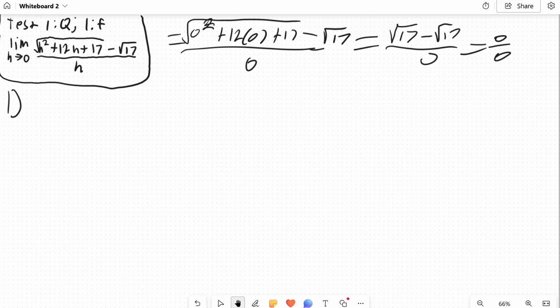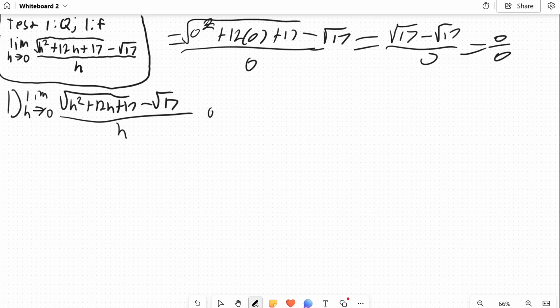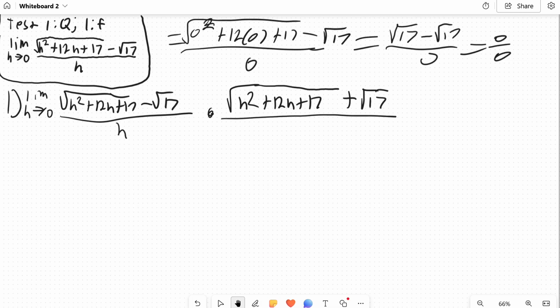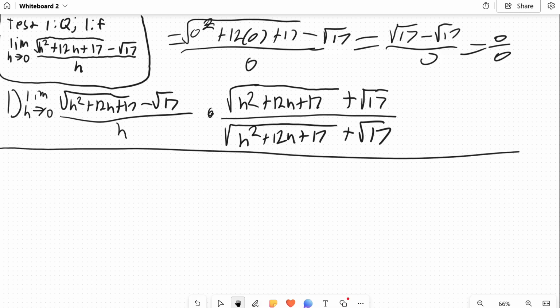So for step 1, as the limit of h approaches 0, we take the square root of h squared plus 12h plus 17 minus the square root of 17 over h, times our conjugate, which would be the square root of h squared plus 12h plus 17 plus the square root of 17, over the same thing. This is our step 1.